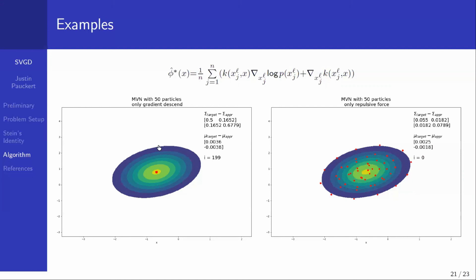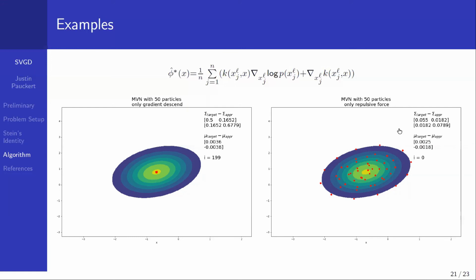So this would be really bad if we only had that part, which is why we also have that part, which is called a repulsive force, which also makes sense again, because this is the kernel, the gradient of the kernel, and is, as a similarity measurement, going to point points away from each other.